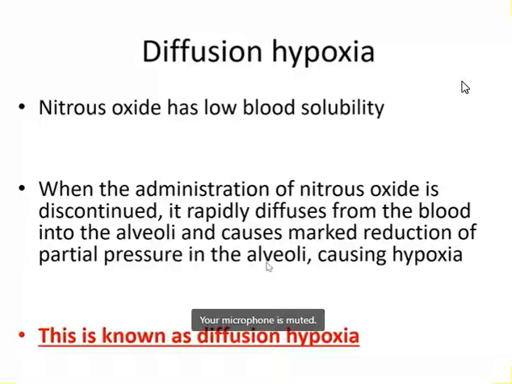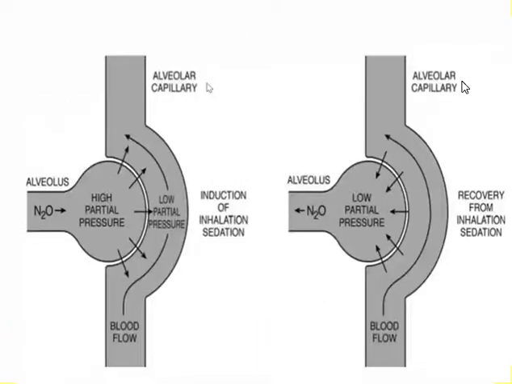If you see the figure, this is for the onset of action. Nitrous oxide will be rushing in and has a faster onset of action. It goes into the blood compartment very fast, from the high partial pressure to the low partial pressure during induction.